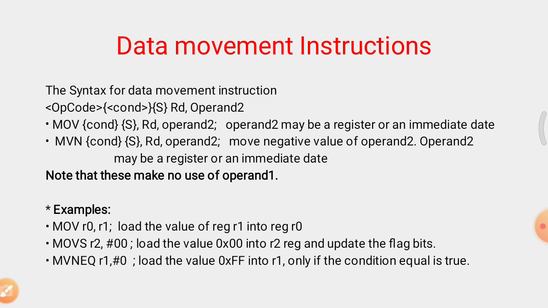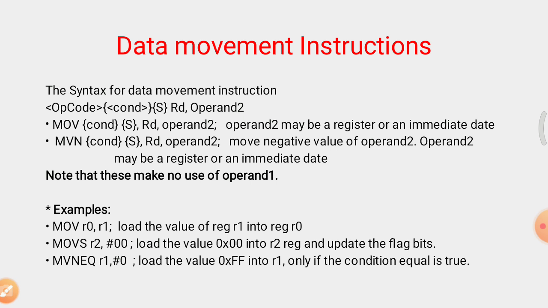The next instruction for data movement is MVN, that is move negative. This is also the same as the move instruction, but the operation here is a negative value of operand 2.